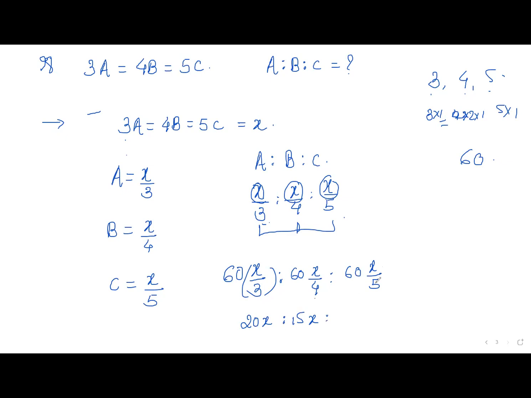And the last term, 60 by 5, is 12. Therefore, the ratio between A, B, and C is 20 is to 15 is to 12. Further, we cannot simplify these terms, that's why we keep them as they are. This is the ratio between A is to B is to C.